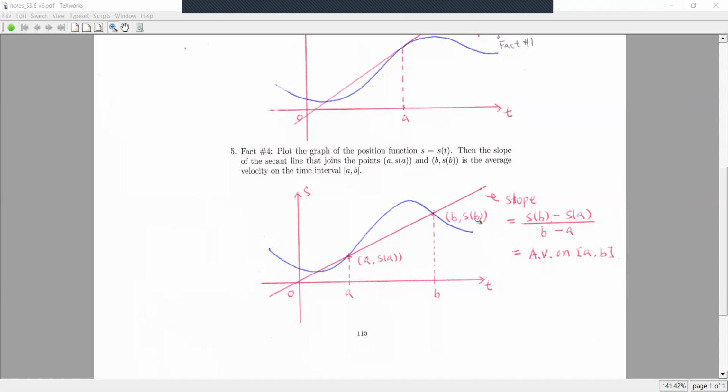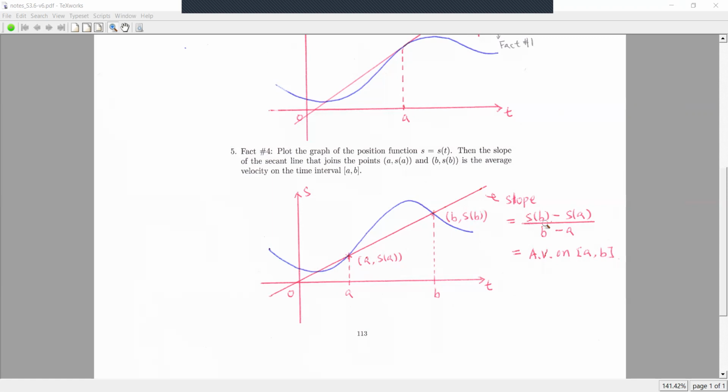Then by the slope formula, the slope of this secant line is y2 minus y1 over x2 minus x1. Now, S is position function of a moving object.